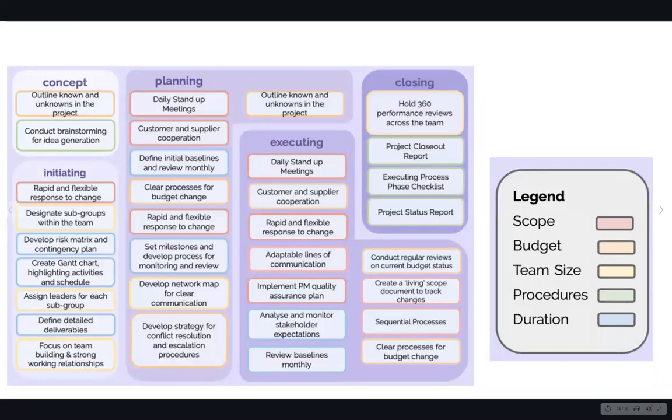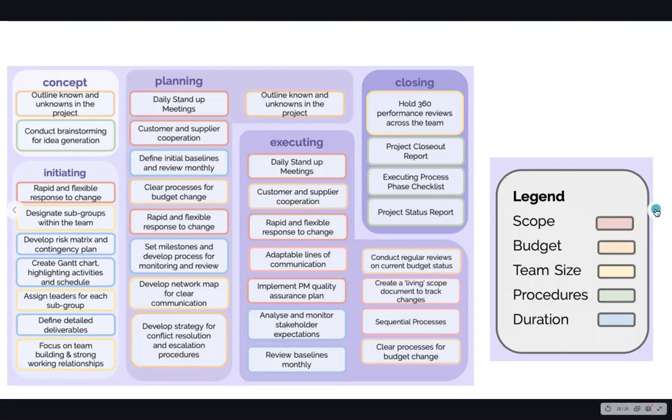As you might have noticed, each box has been color-coded, and that matches, as you can see in the legend, to the scope, the budget, the team size, the procedures, and the durations. So you can figure out where these toolboxes have come from.